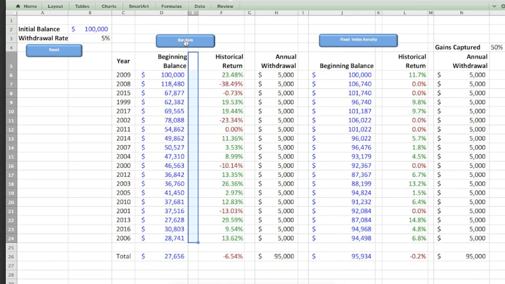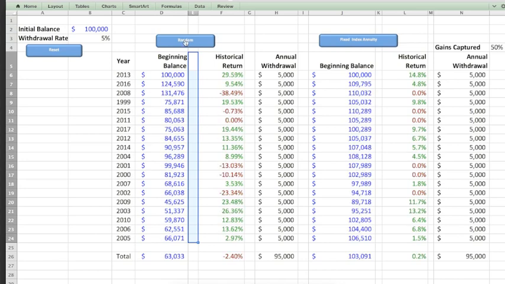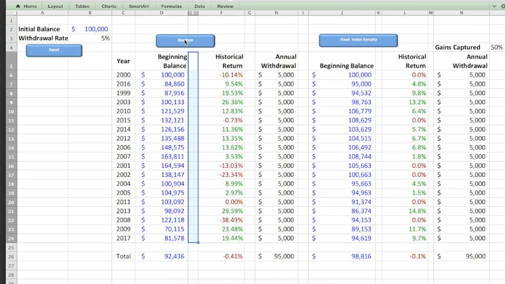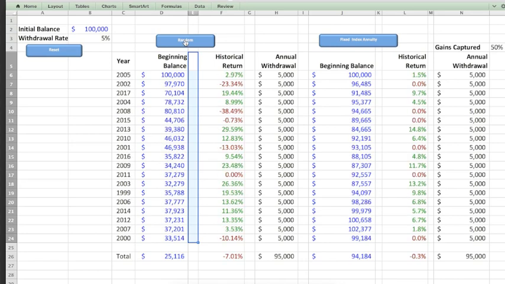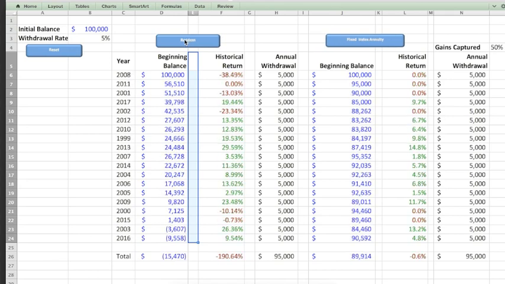If I click on this random button enough times, it will actually show me a scenario where on the left side we run out of money even sooner. Because it's a computer program that's completely random, sometimes it takes a little while for that to be displayed. So bear with me. Okay, so here's an example where after about 16 years, we've run out of money completely.